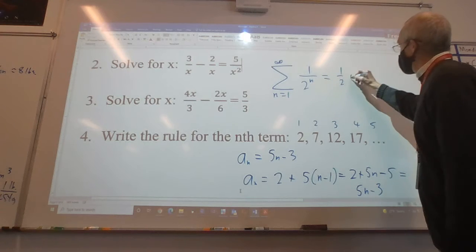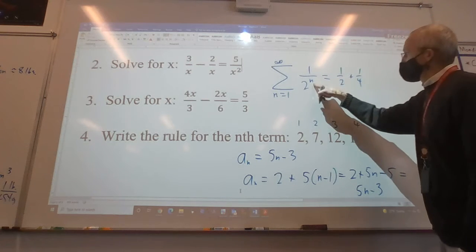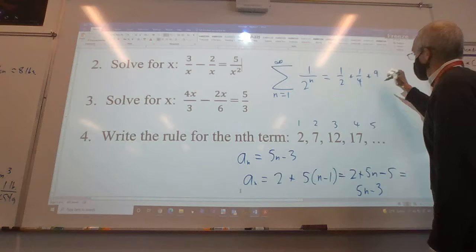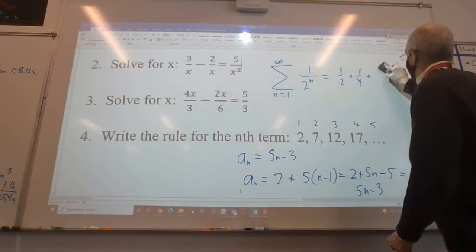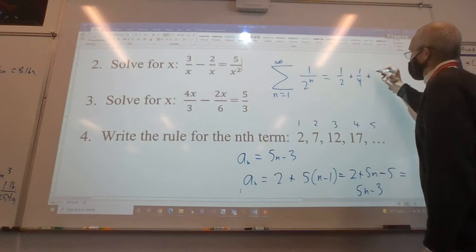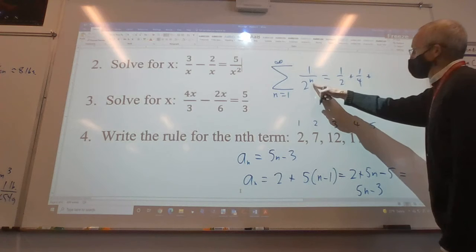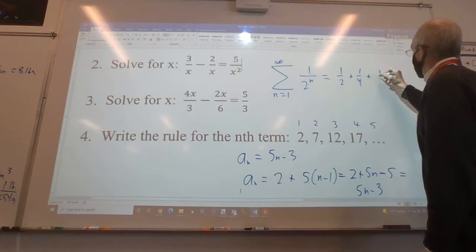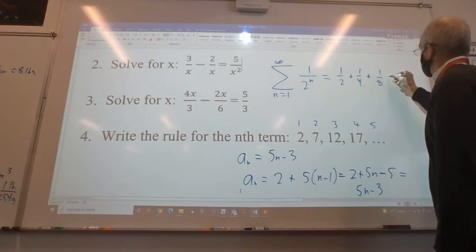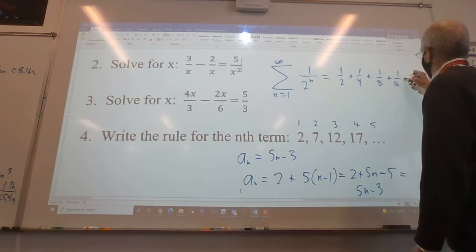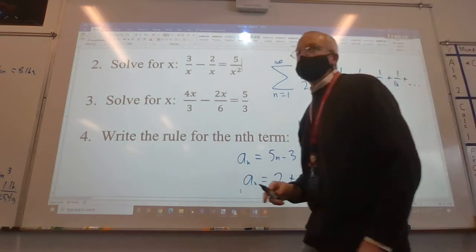When n is 2, it's 1/4. When n is 3, it's 1/8. We just keep multiplying by another 2, 1/16. If we keep doing that forever, you guys remember what it is?